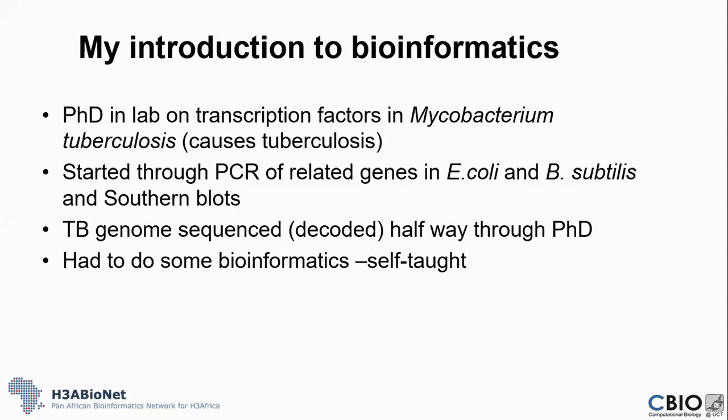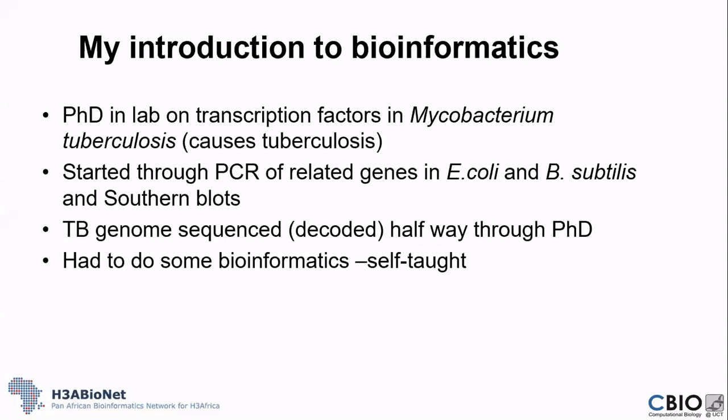So my PhD was trying to look at how Mycobacterium tuberculosis, this bug, is able to move from the active state, so actively growing, to a kind of dormant state of hibernation where it sits in granulomas or in the lungs and then can be reactivated, because in that state it's not susceptible to anti-tuberculosis drugs.